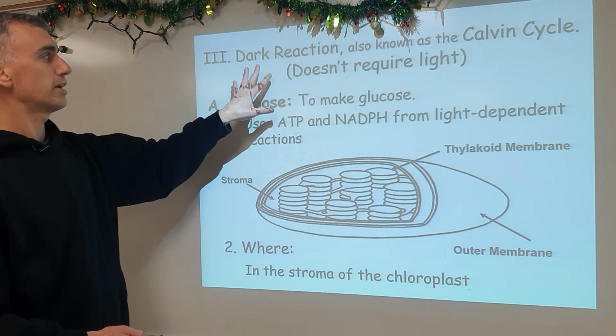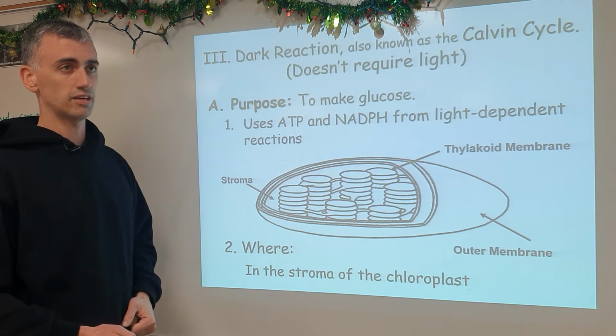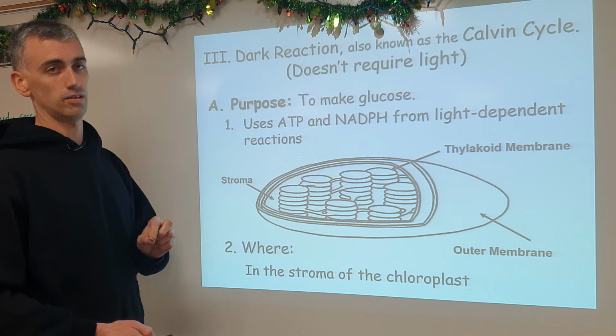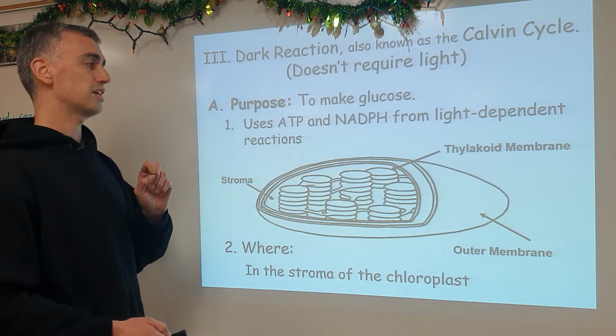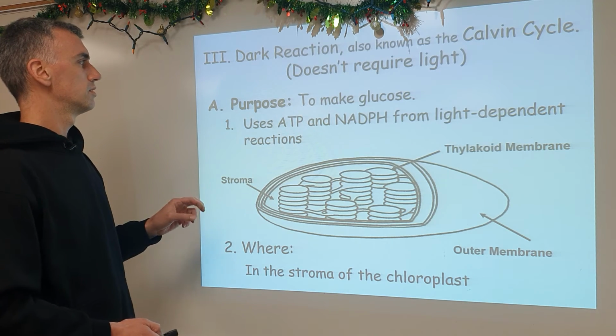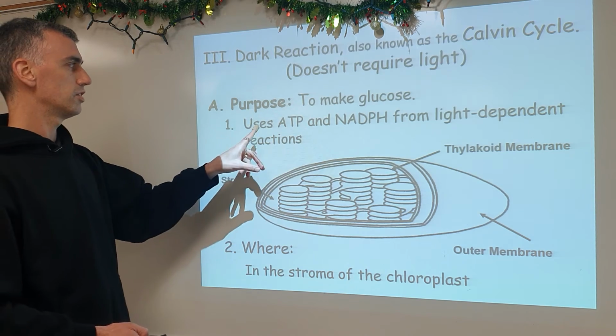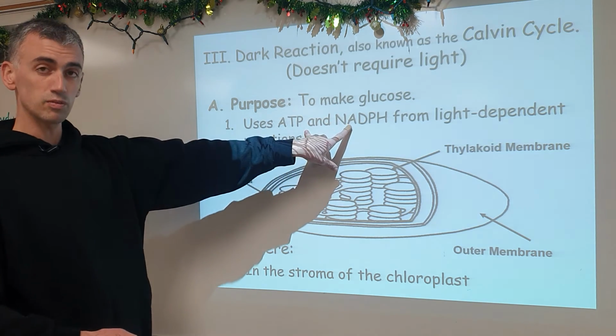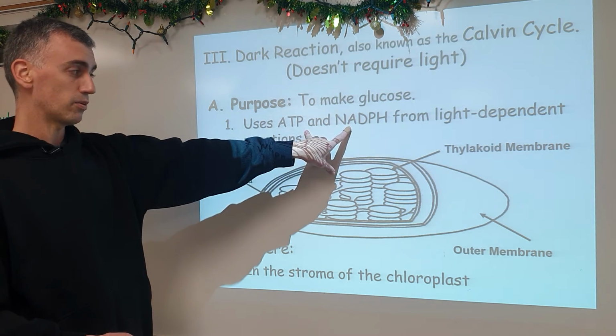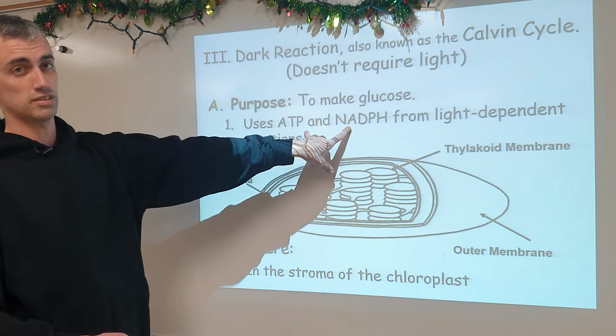All right, the dark reaction, also known as the Calvin cycle, does not require light. This happens 24 hours a day inside the cell. Now, look at the purpose: make glucose. It uses these two things that were made by the light reactions to power the dark reactions and to power the process of making glucose.